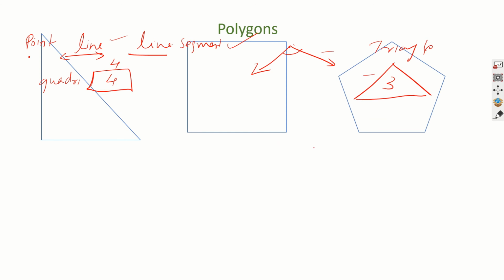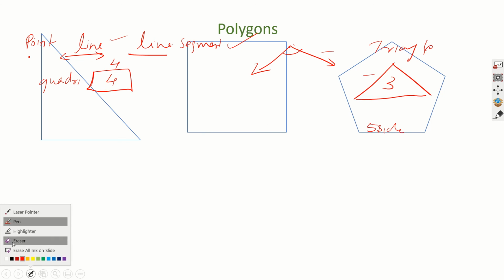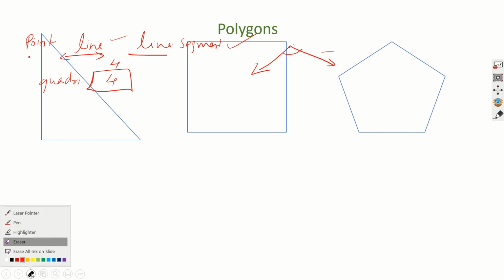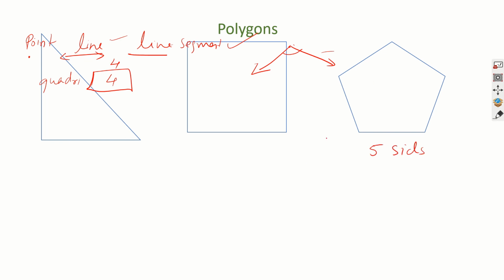If there are five sides like this, a five-sided figure, we call such a figure, this is quadri, four, this is called pentagon.